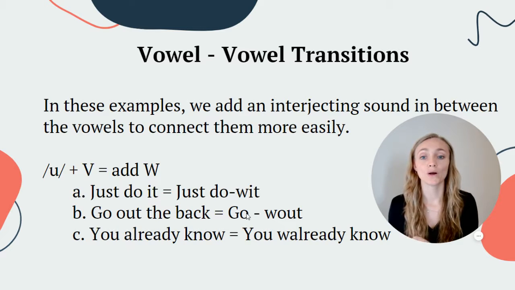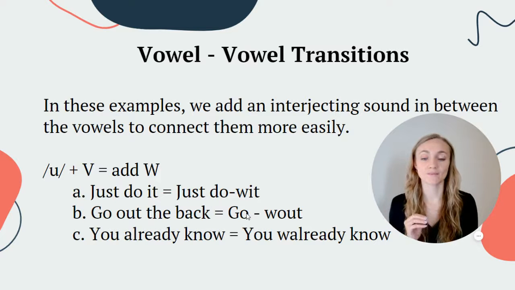So a w. For example, just do it, do it. We don't hear a pause, but rather do it. Just do it. Go out the back is go out. Go out the back.